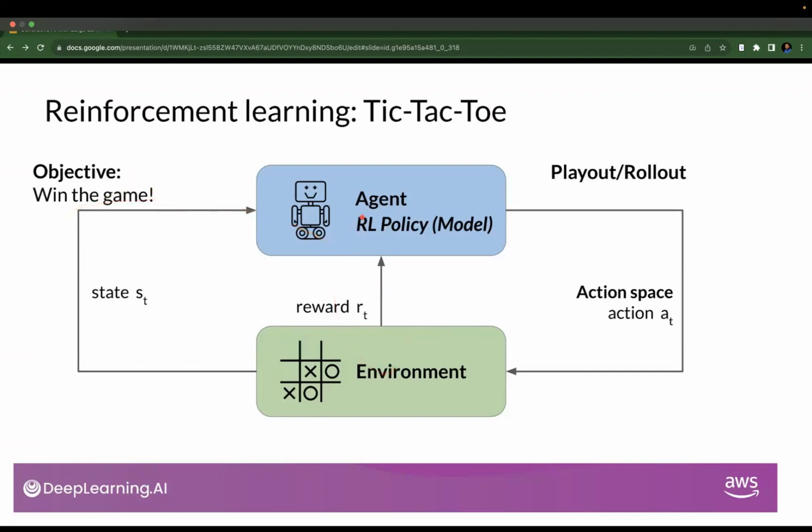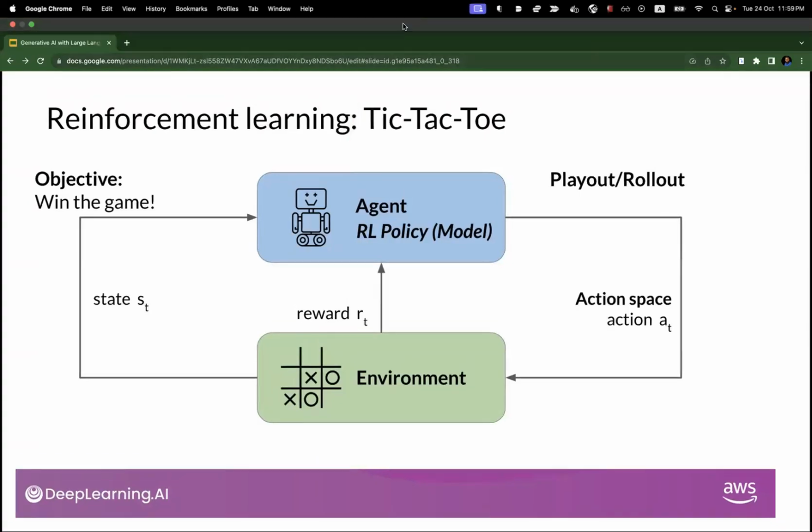The agent receives a reward from the reinforcement learning algorithm depending on whether the action is making the agent go closer to the objective or not. So if the action is taking the agent closer to winning the game, it will receive a higher reward.